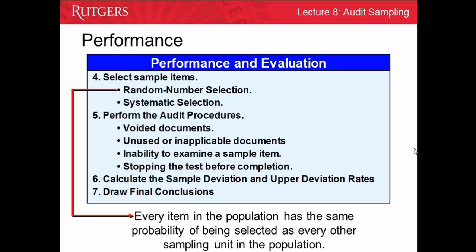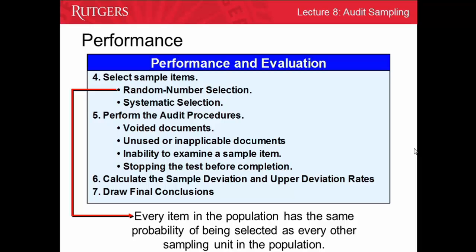In an audit, the auditor may select a random sample using random numbers generated by a spreadsheet application or audit sampling software like ACL. Using this method of selection, every item in the population has the same probability of being selected as every other sampling unit in the population.